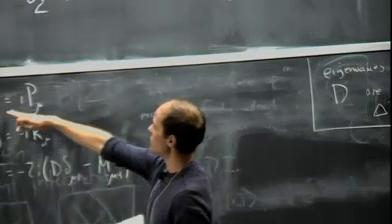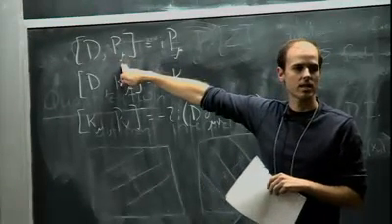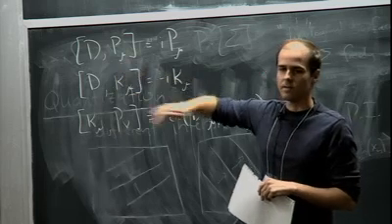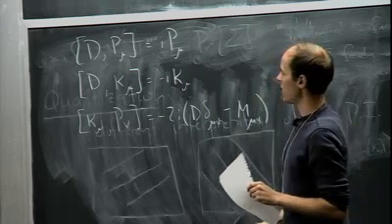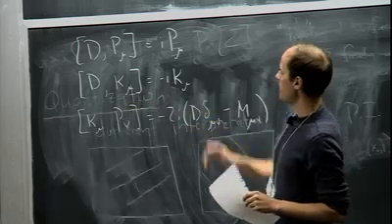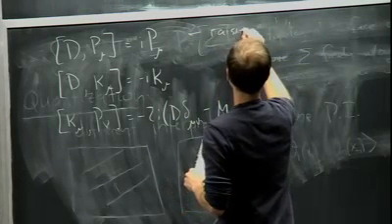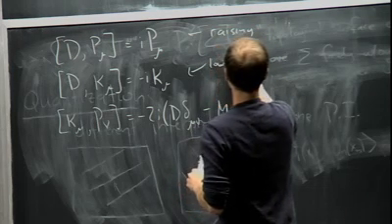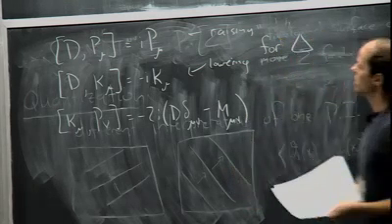So what this equation means is that P_μ, momentum, is like a raising operator for dimension. If I have some state, I act with P_μ, it has higher dimension by 1 than the original state. And similarly, K_μ is a lowering operator. So raising, lowering for Δ.